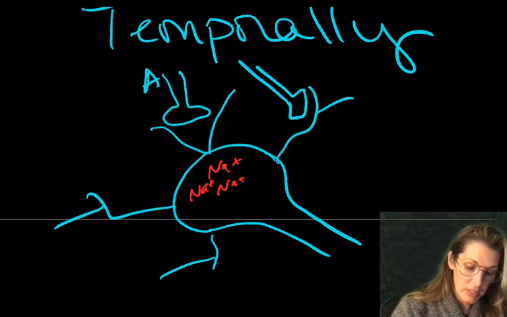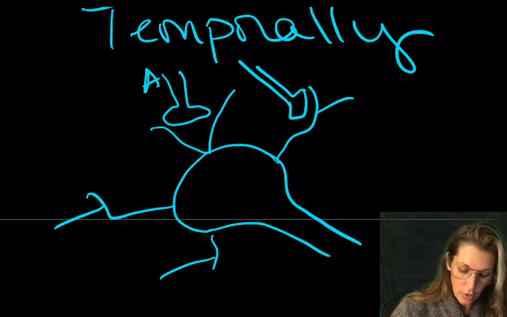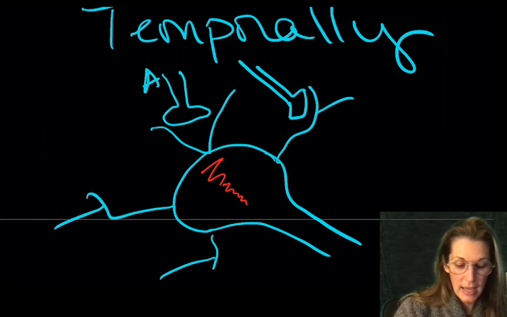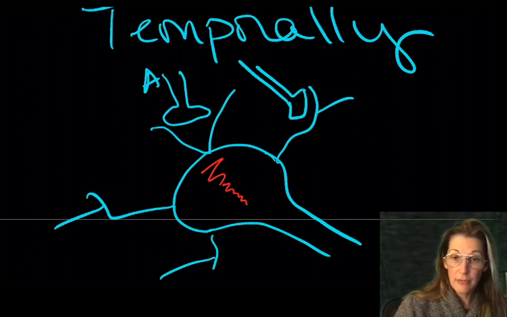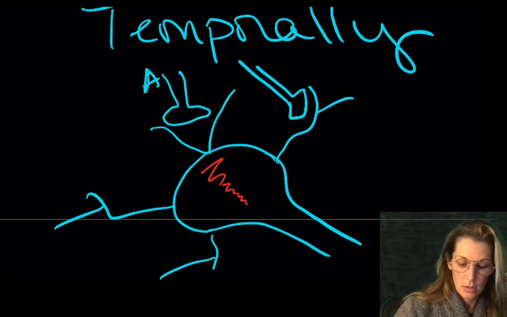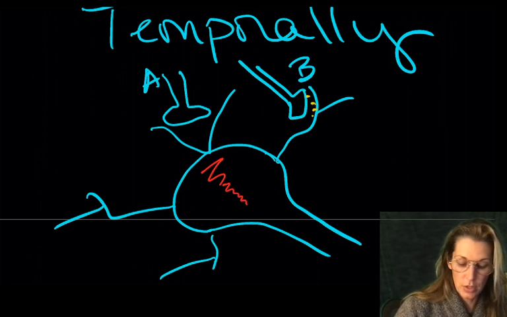And our graded potential starts to move away from the stimulus and it starts to lose strength, because that's just what happens. And let's say very, very soon after, presynaptic neuron B also releases excitatory neurotransmitter.